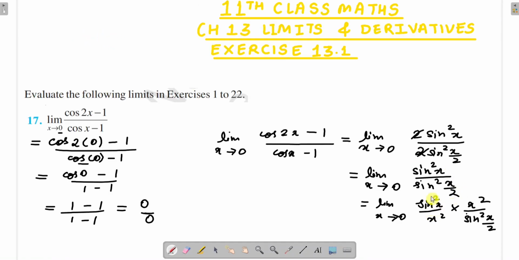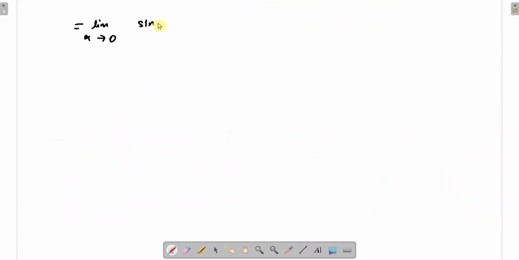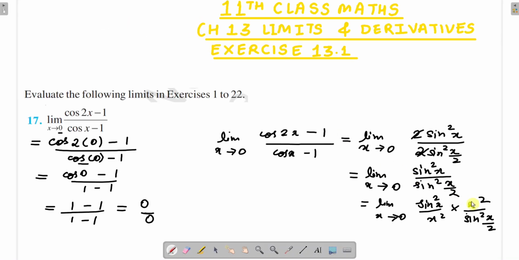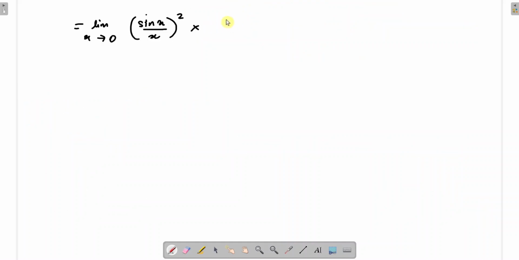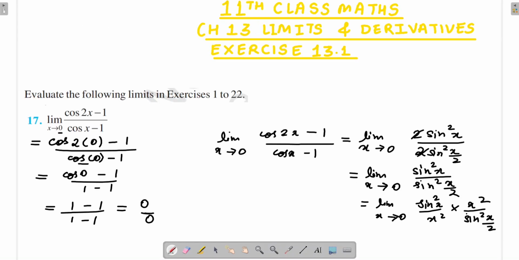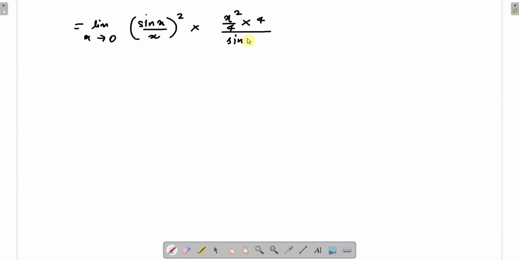So this will be equal to limit x tends to 0. Then this sine square x divided by x square, we can write as (sine x divided by x) the whole square. And then multiplied by, here what we can do is multiply and divide by x raised to 4 here, and sine square x by 2 is there.